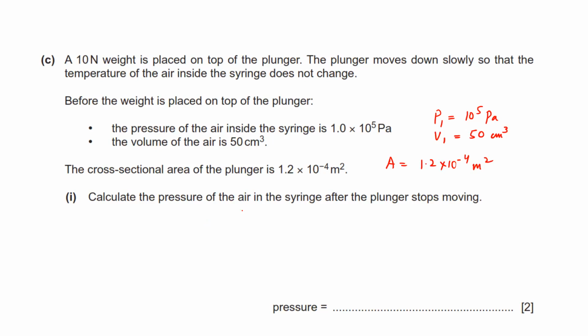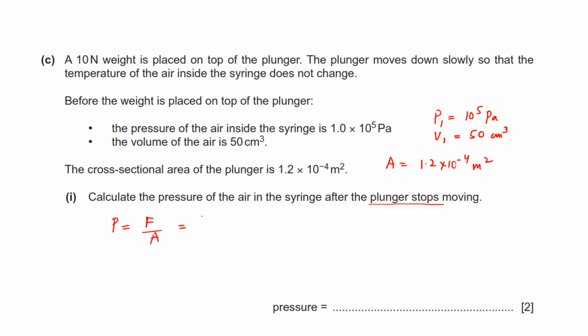It says calculate the pressure of the air in the syringe after the plunger stops moving. So after the plunger stops moving, we have to find out the pressure. Pressure, remember, equals force acting per unit area. We have 10 Newton placed on top of the plunger.